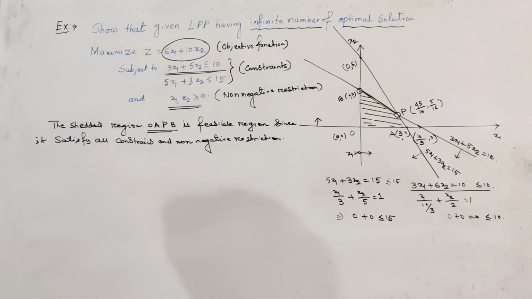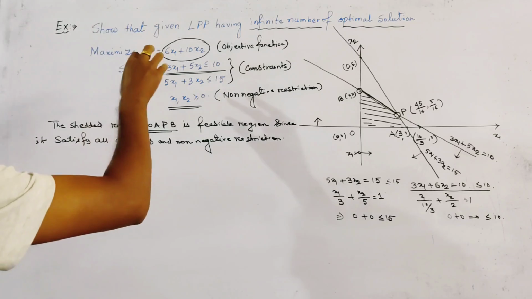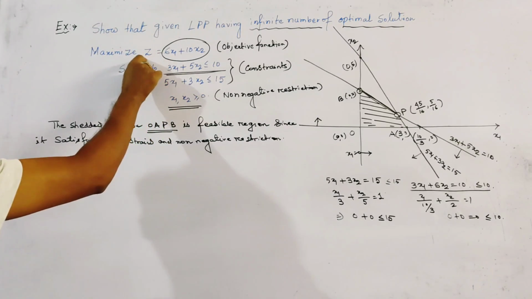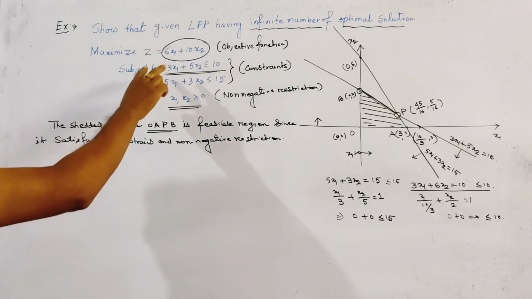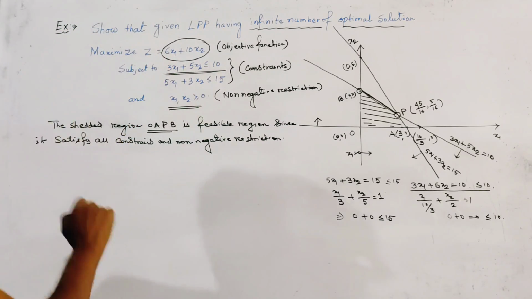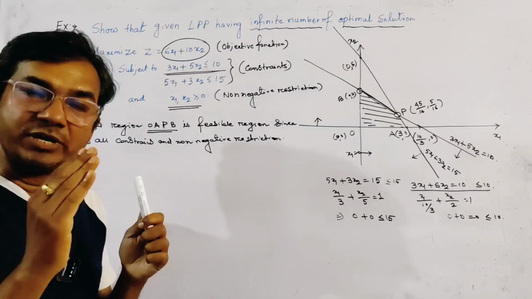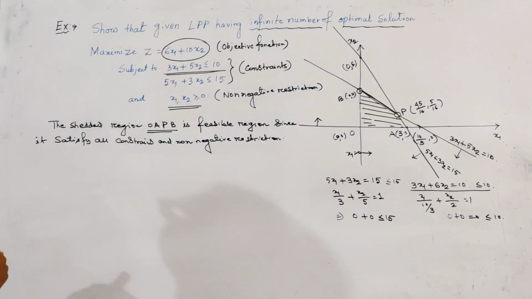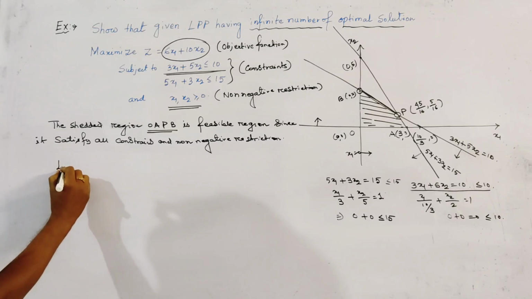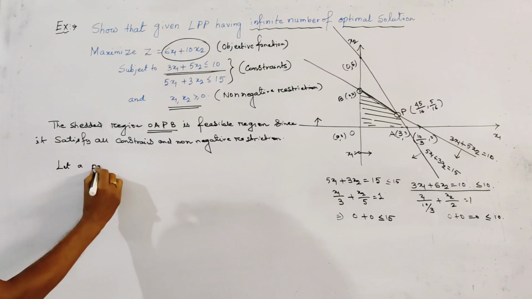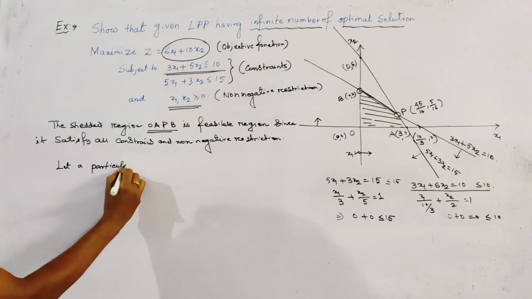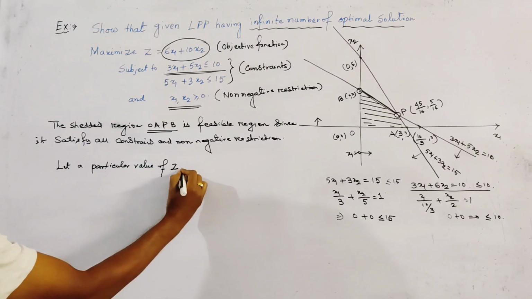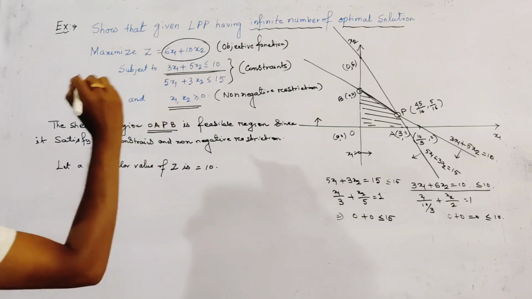The restriction in choosing the value of z is that we choose it in such a way that this straight line must be in the feasible region, right? We first let a particular value of z be equal to 10.